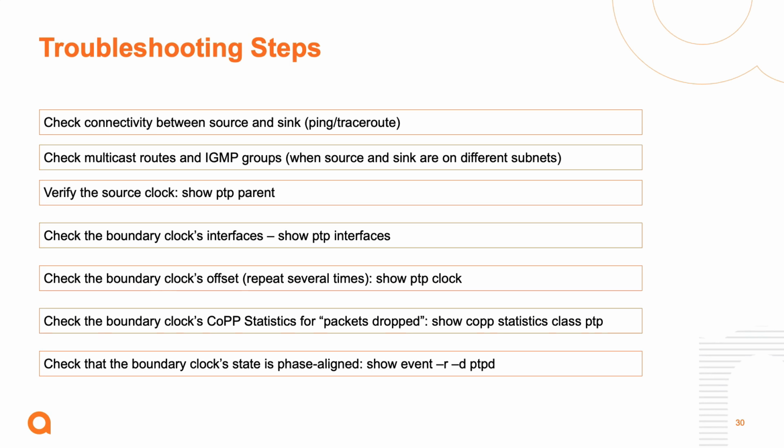And remember, the offset is the deviation from the source. If you see this number growing beyond 100, then you have to start looking at what is going on in the network, and also check what is the maximum offset that the system you're providing synchronization for can support.